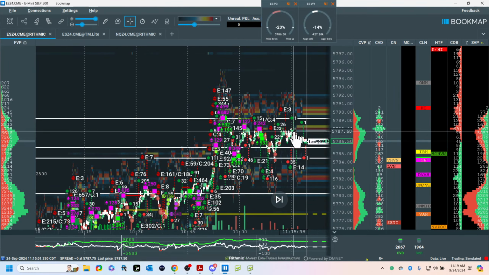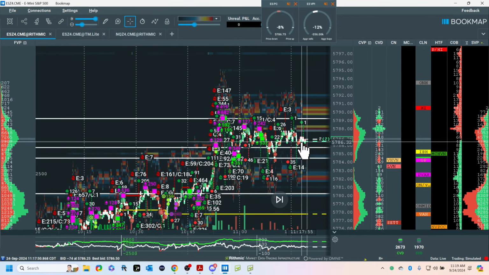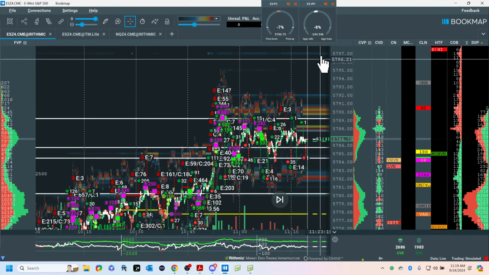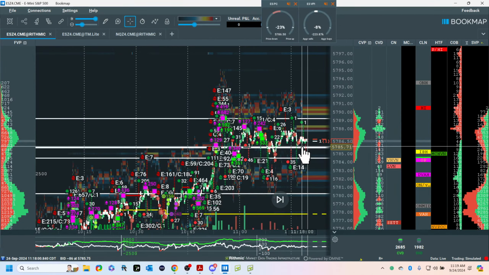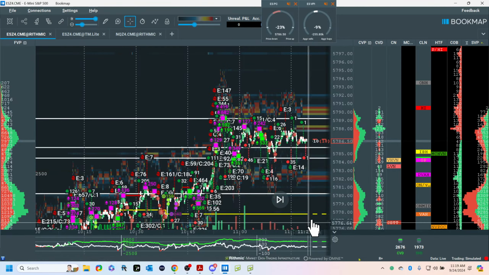And it also can be that, but let's assume it's up here. So now what we're going to look for, and this is not a trade recommendation, is to come out, test this, and go north of the border. If it doesn't, if it falls back under here, then we're looking for this.